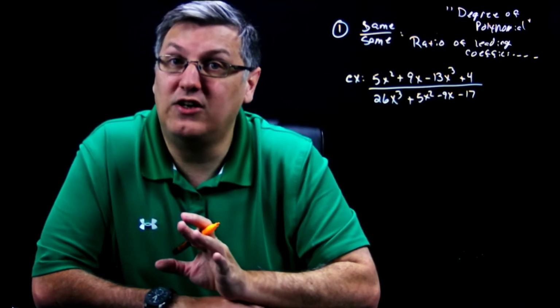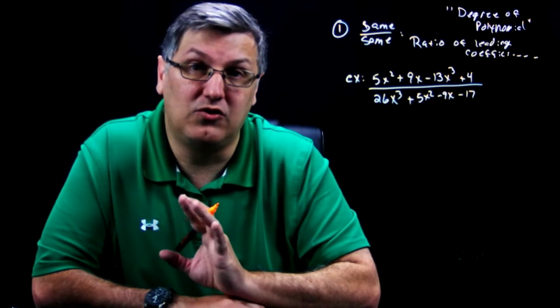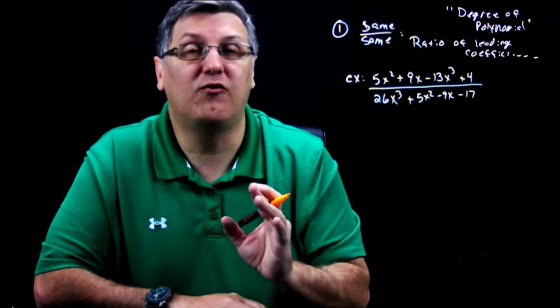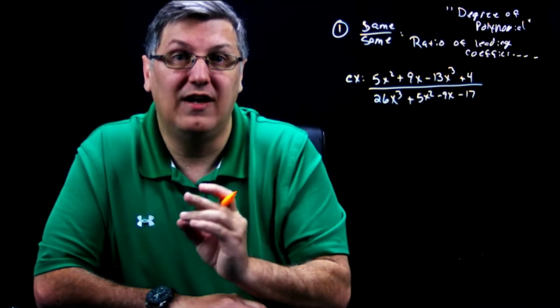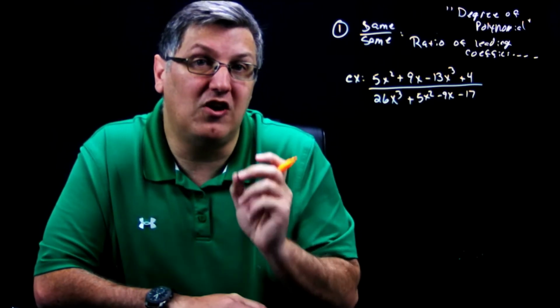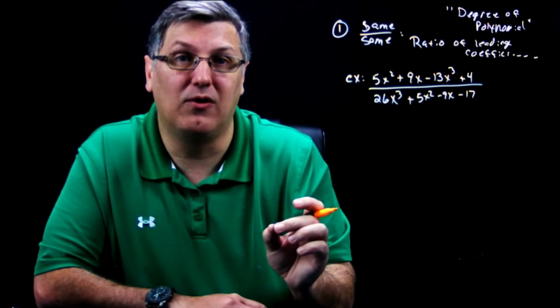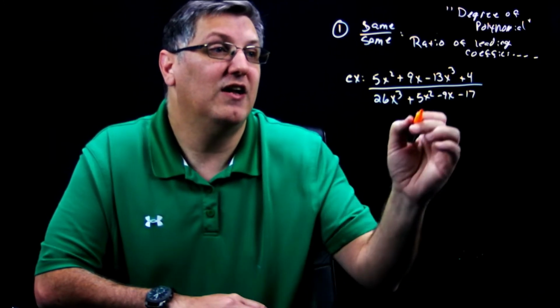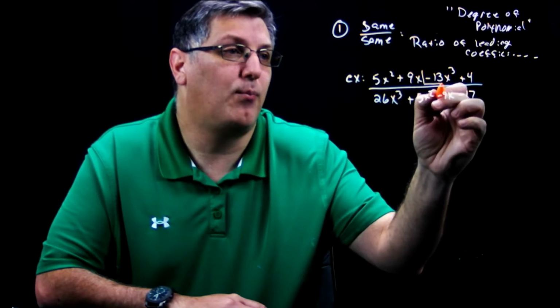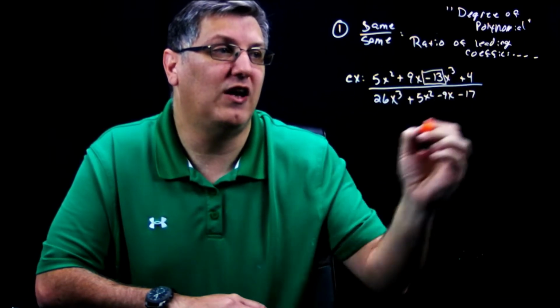So I'm going to take a ratio of the leading coefficients. Now, what you have to remember, the leading coefficient is not the coefficient directly that comes first. It is the coefficient that's in front of the x with the highest exponent. It's the number and sign. In this case, in the top part, it is this negative 13.